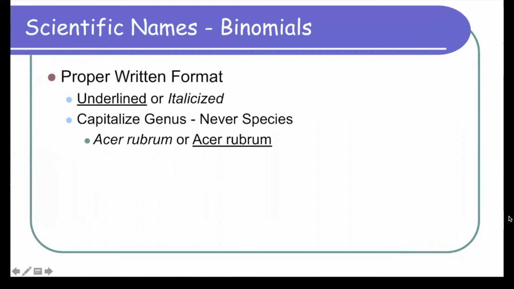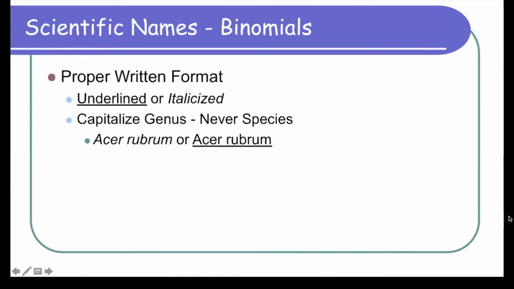Okay, writing it is very important, especially the proper format. Let's focus on italicizing or not italicizing. Whenever you write a scientific name, you have to either italicize or underline. If you do not want to italicize, and that is fine, you need to underline the whole scientific name, so that is the genus and the species.